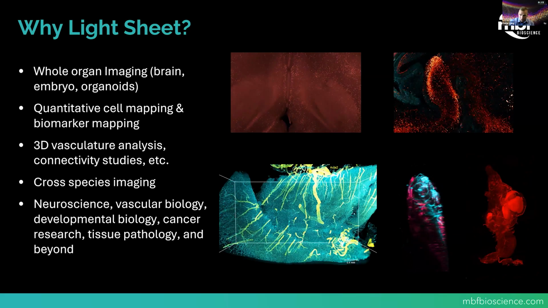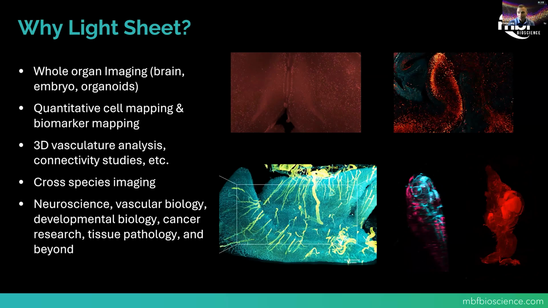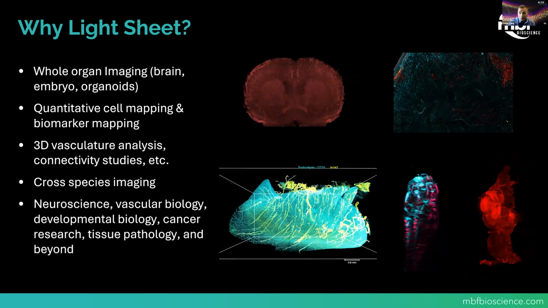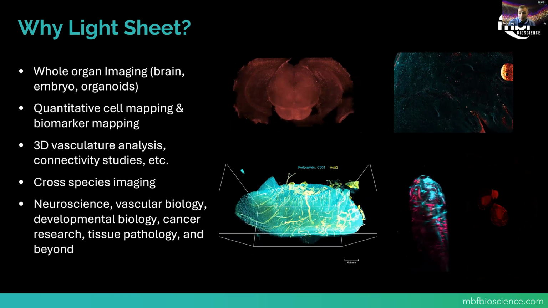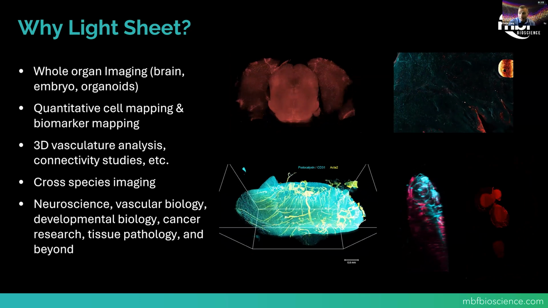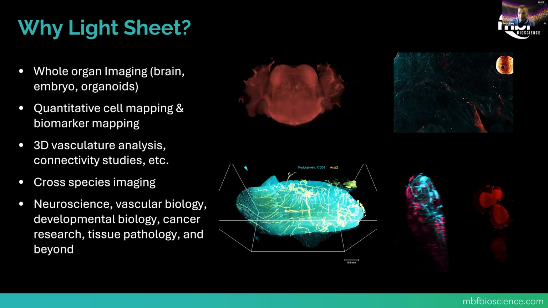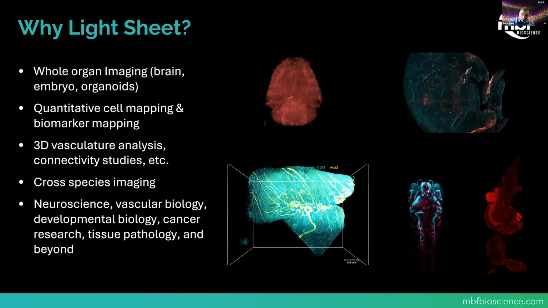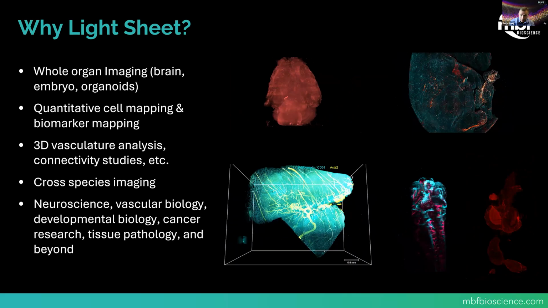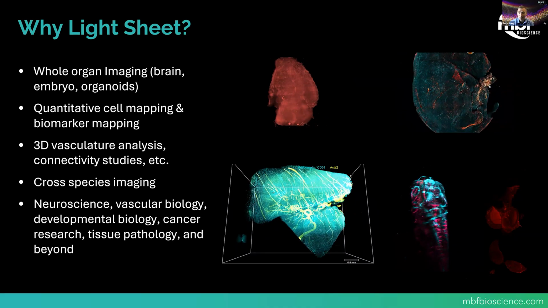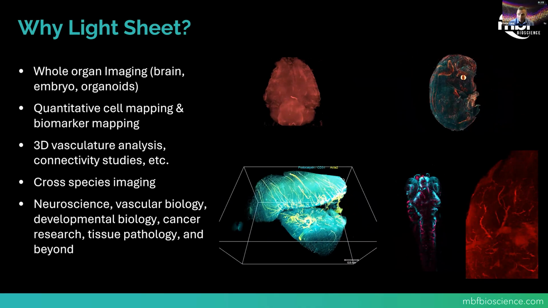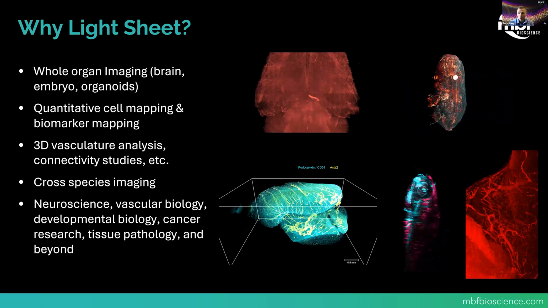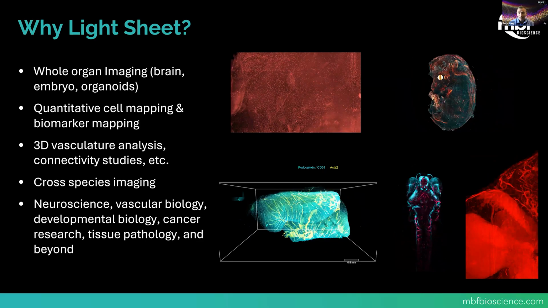On the bottom center, we have a zebrafish larva brain at day 6, showing the synaptic density in cyan and GAD65 enzymes in magenta. And finally, on the bottom right, this is the brain of a Mexican cavefish. This is cleared with iDISCO and labeled with TO-PRO-3 nuclear staining.